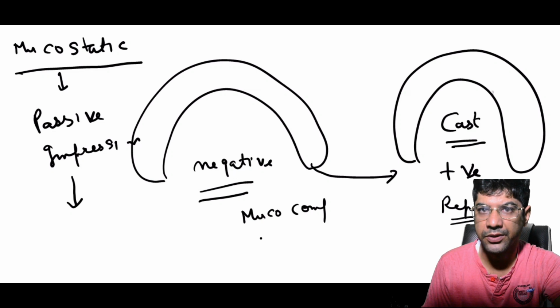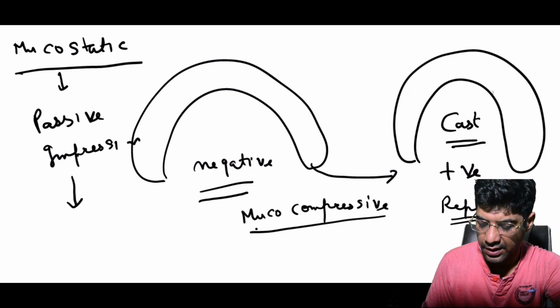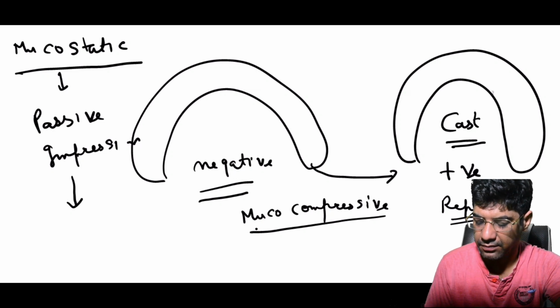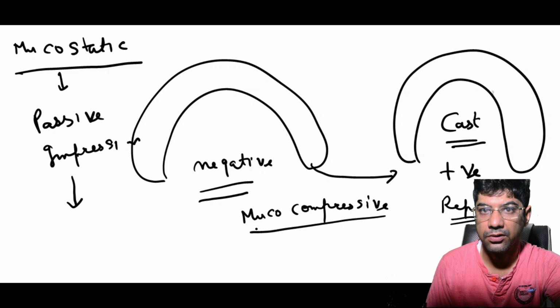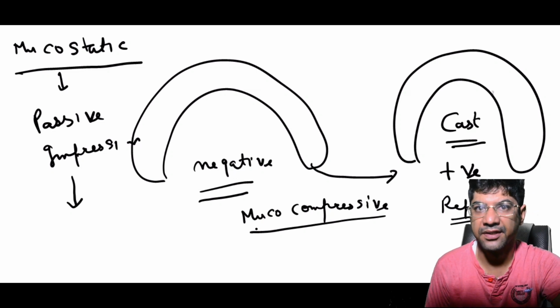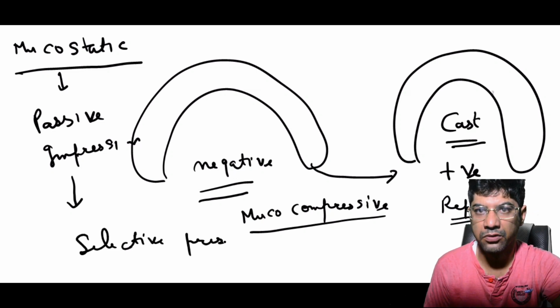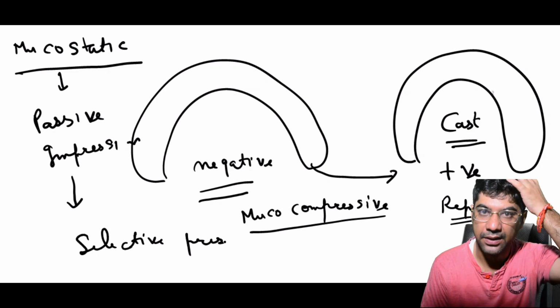It includes the tissue that is under the functional load, utilizing material that compresses the tissue. The third is the selective pressure. So it combines the aspects of mucostatic and mucocompressive approaches to apply varying pressure to the different areas.